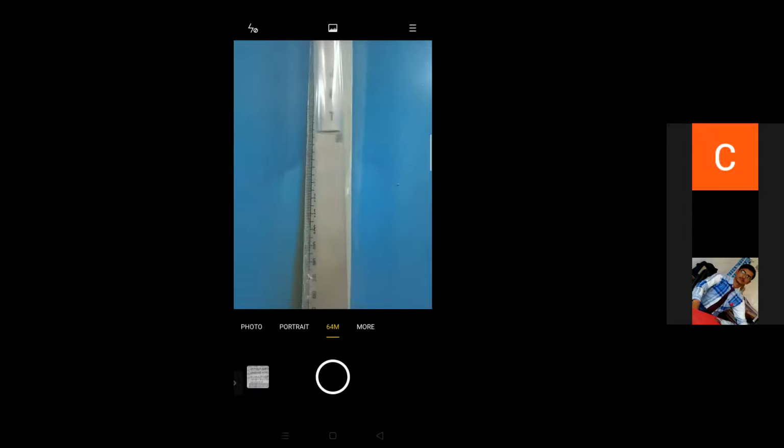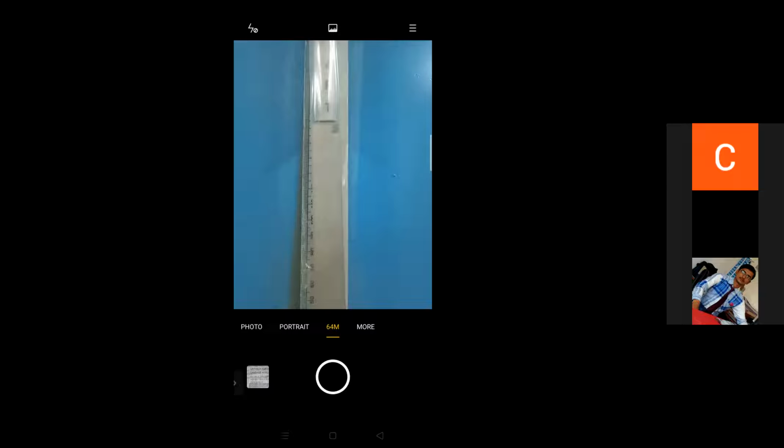Can you observe here the water level has become stable? At 160.